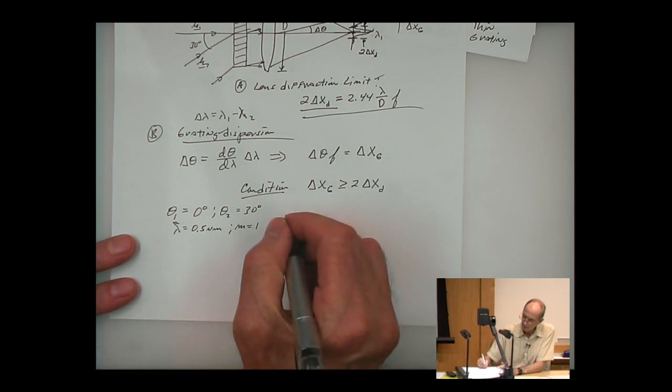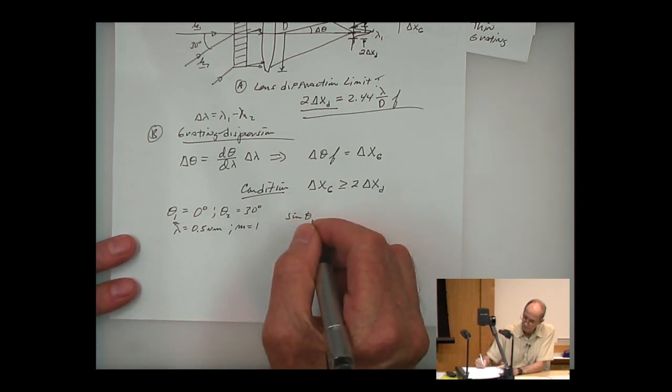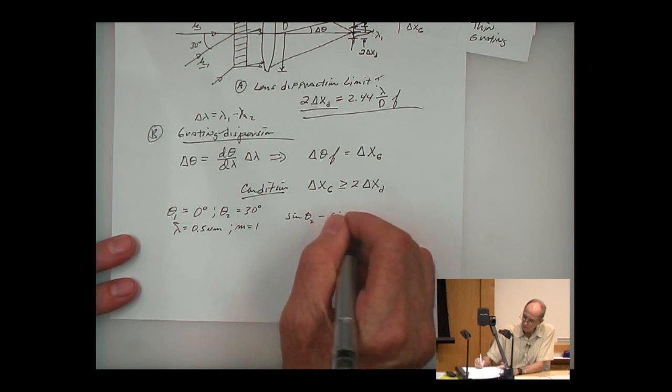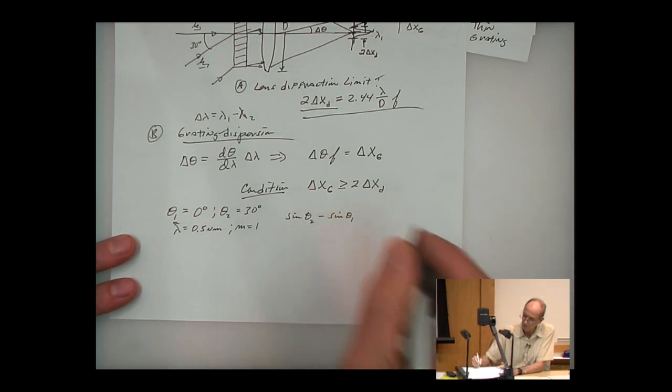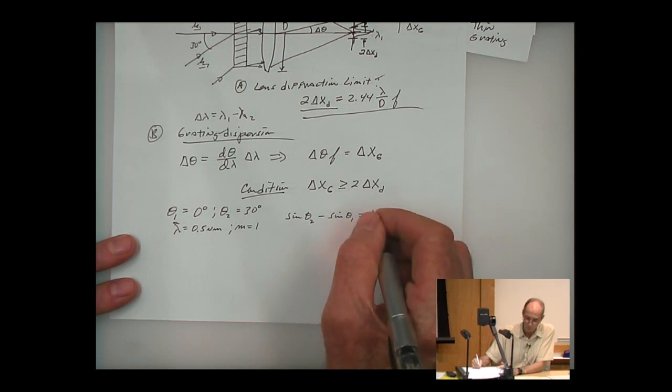So again, use our old friend here, sine theta 2 minus sine theta 1. I just flipped these in order to make it positive. You can do it the other way and use a negative order to make it work as well.